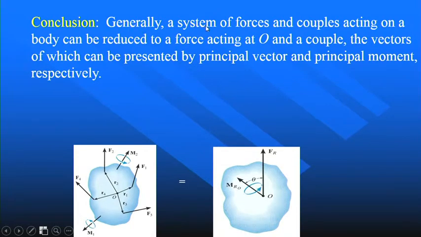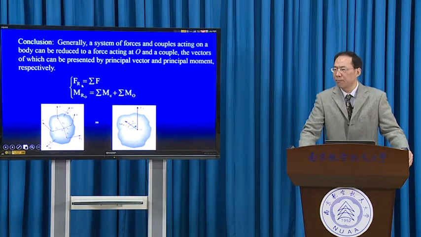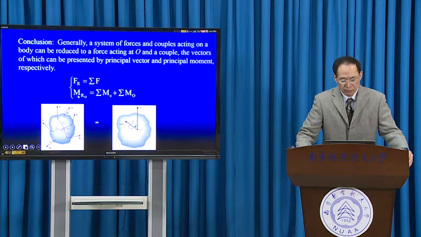Generally, a system of forces and couples acting on a body can be reduced to a force acting at O and a couple, the vectors of which are represented by the principal vector and the principal moment, respectively. These are the expressions of the principal vector and the principal moment.